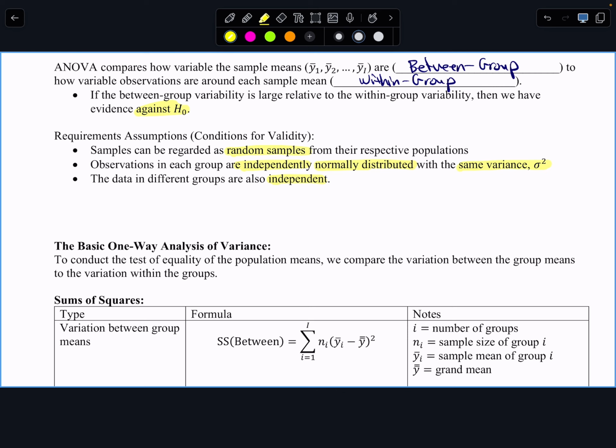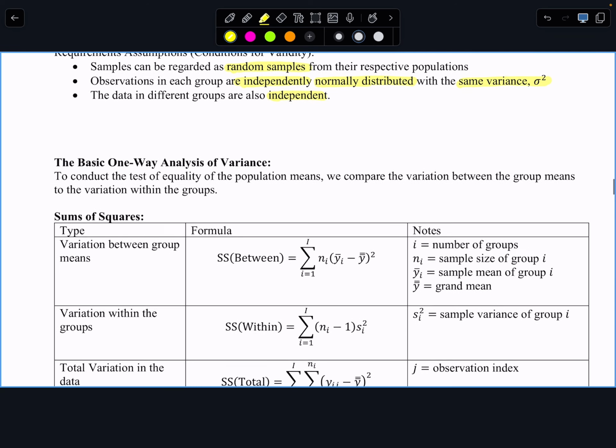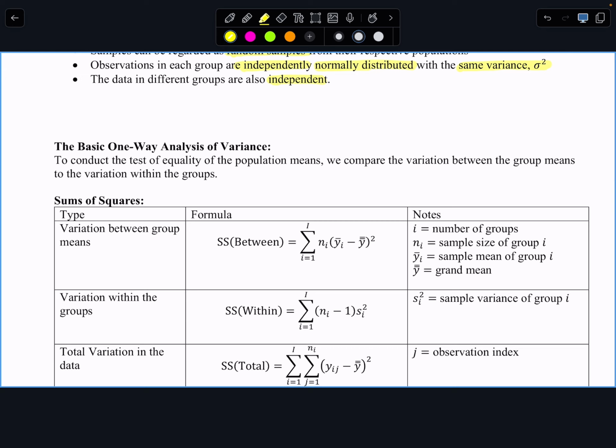In order to conduct the test of the equality of the means, we want to compare the variation between groups to the variation within groups. Remember I said that this sum here gave us some information about between group variability, and this second sum gave us information about our within group variability. Those two sums are called sum of squares.